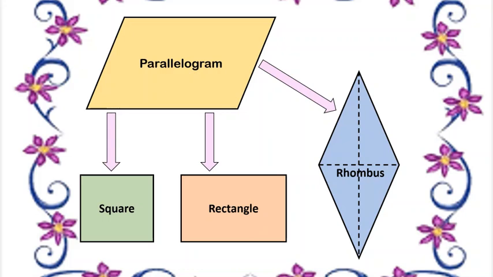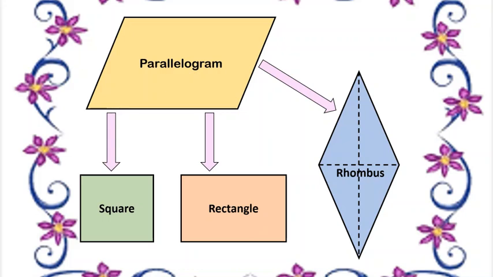Any parallelogram can be a square, it can be a rectangle, it can be a rhombus, or it can be other than this. Generally, any parallelogram need not be a rhombus, rectangle, or square. But these three are called specific parallelograms. Okay, let us see what is specific about square.